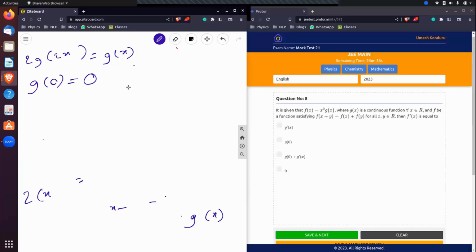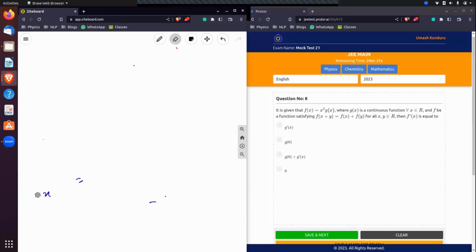The only way this could be true, let's just go through our reasoning again, make sure we are right. Since f of x plus y equals f of x plus f of y, we have f of 2x equals 2 times f of x. Okay, when we cancelled out x on both sides, we were assuming that x is not equal to 0.